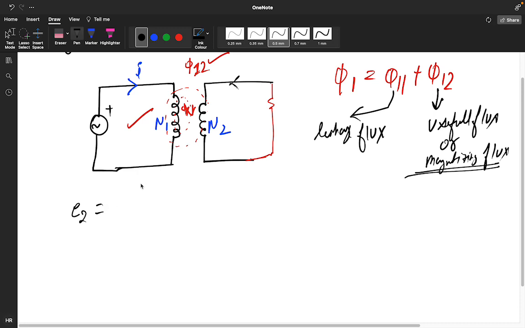In the first class itself I told you E2 is N2 into d phi 12 by dt.